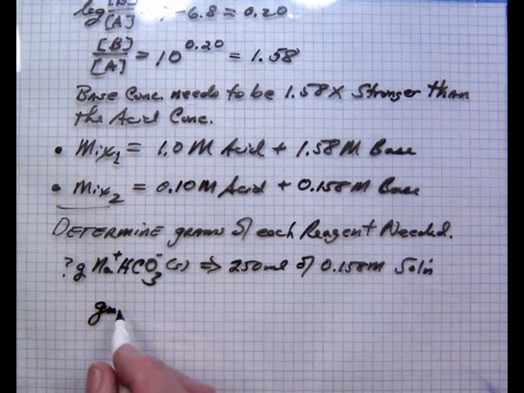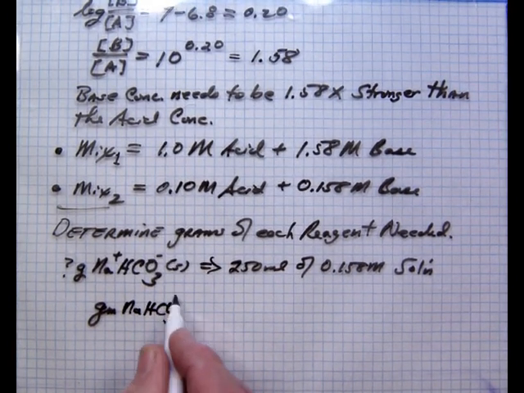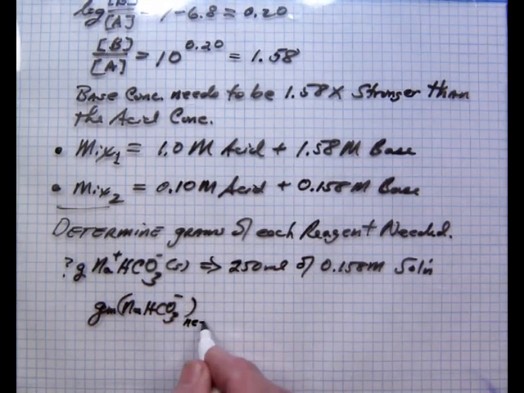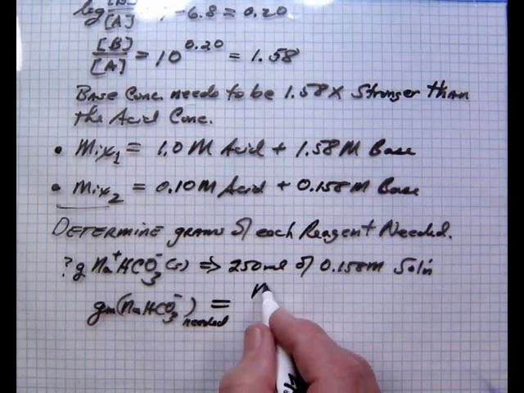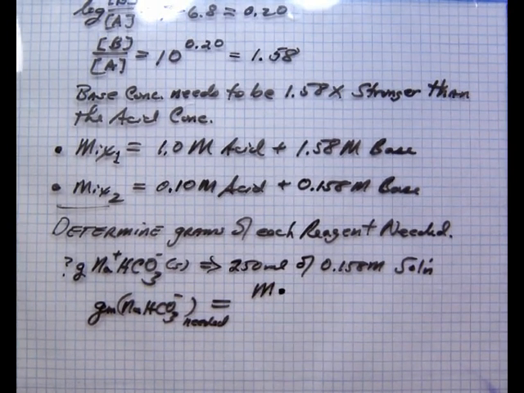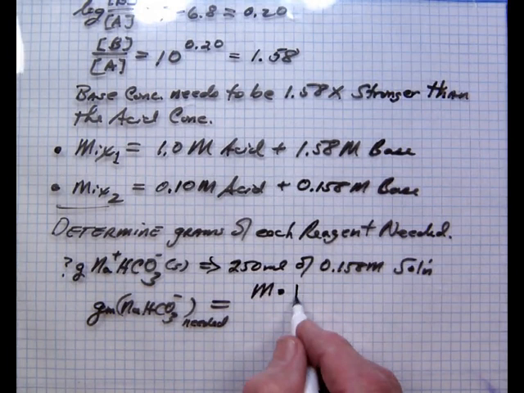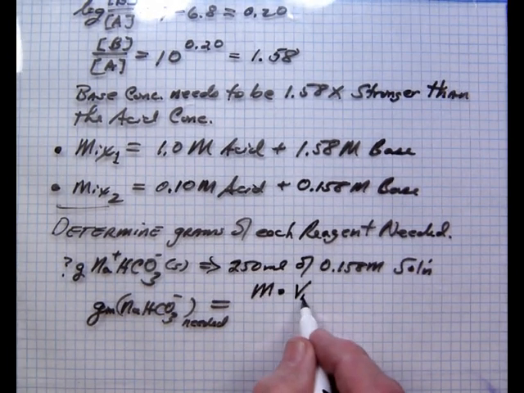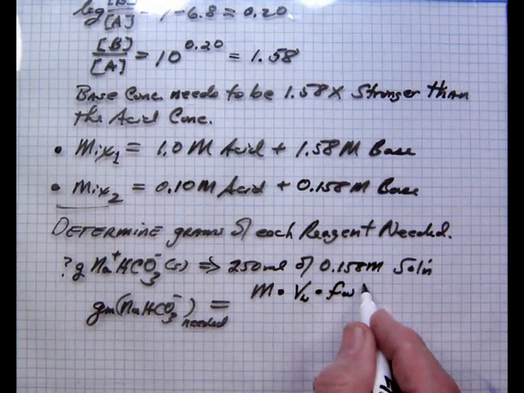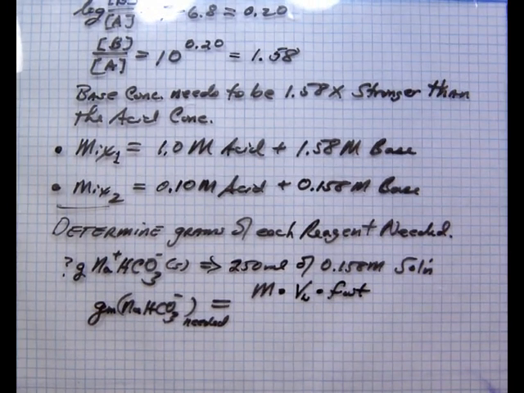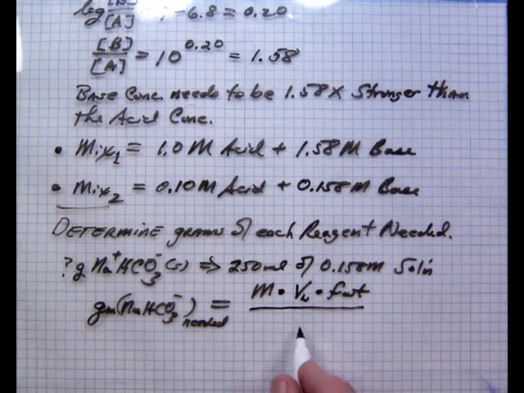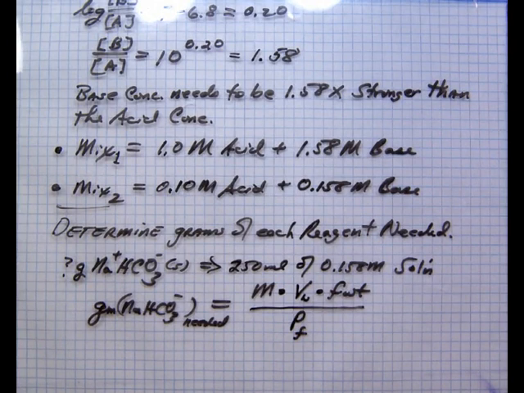Grams sodium HCO3 needed is equal to the molarity that you're looking for, which will be the 0.158, times the volume that you're looking for in liters, times the formula weight of the salt, divided by the purity factor. We do the same thing for the carbonic acid when you get there. And you mix the salts together and then dilute up to 250. See?